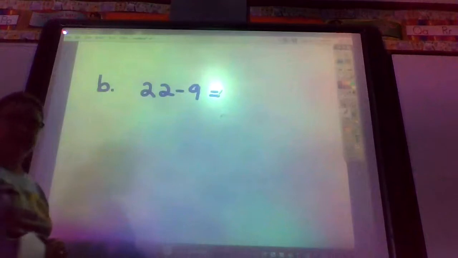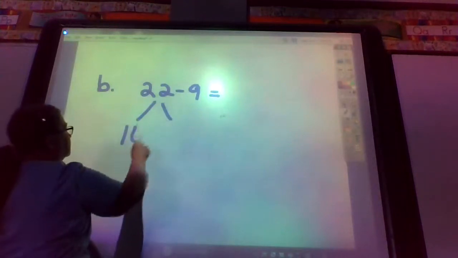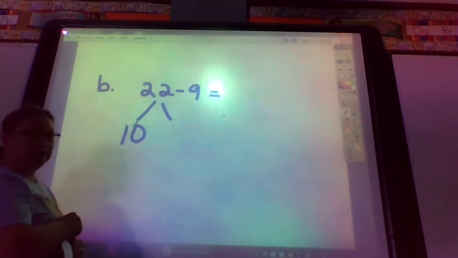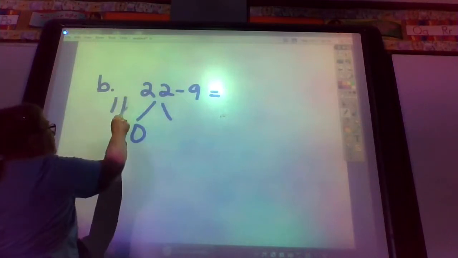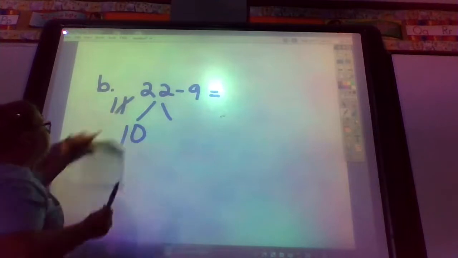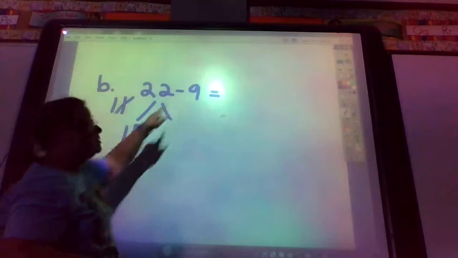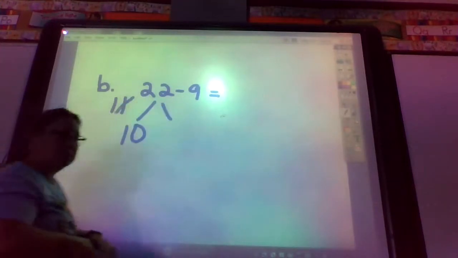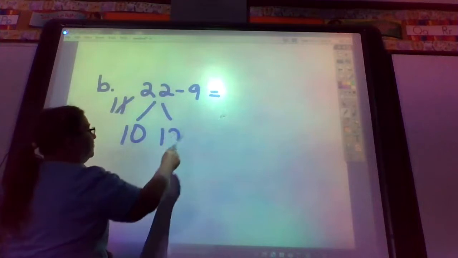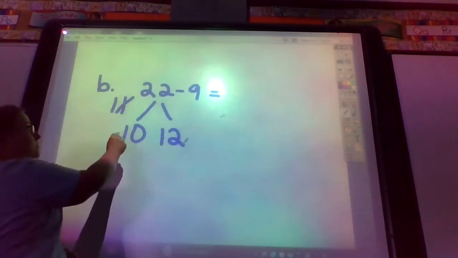22 minus 9. I'm going to take out 10. If I have 2 10s, if I take one away, I have 1 10 left, and then I have my 2, so it's 12. Okay? So I have 12 left. Now I can do my problem.